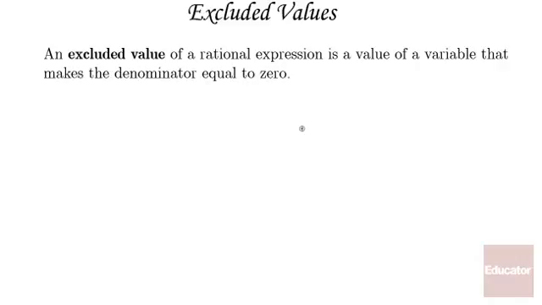Because these are fractions, we have to address the issue of making sure that the denominator does not equal 0. Recall that if you have a situation such as 5 divided by 0, that would just be undefined. That is something that is not allowable.